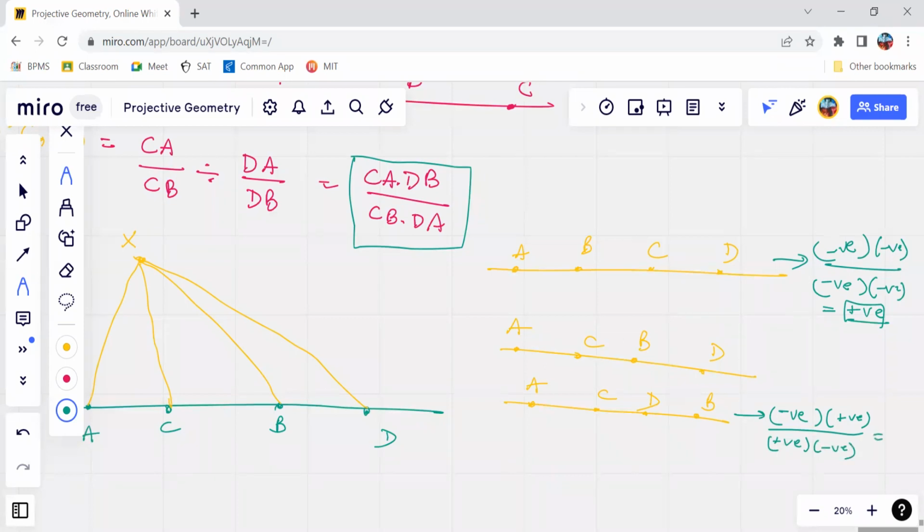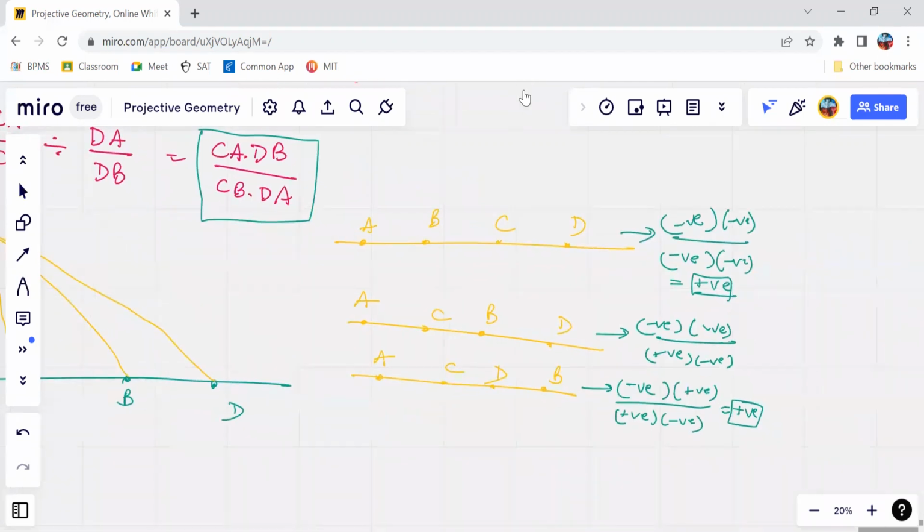The same way, this is also positive. And if we check this case, we have negative times negative, positive, negative. So this is actually the only case when it's negative.